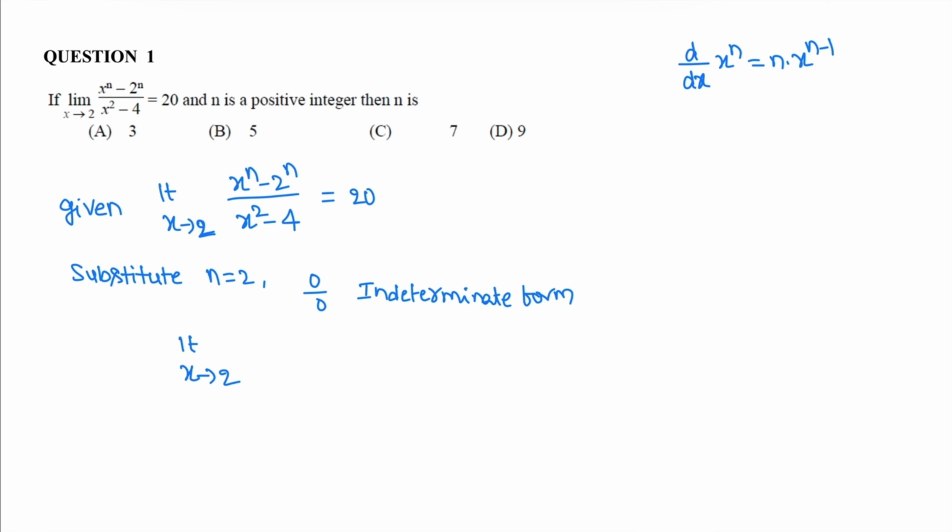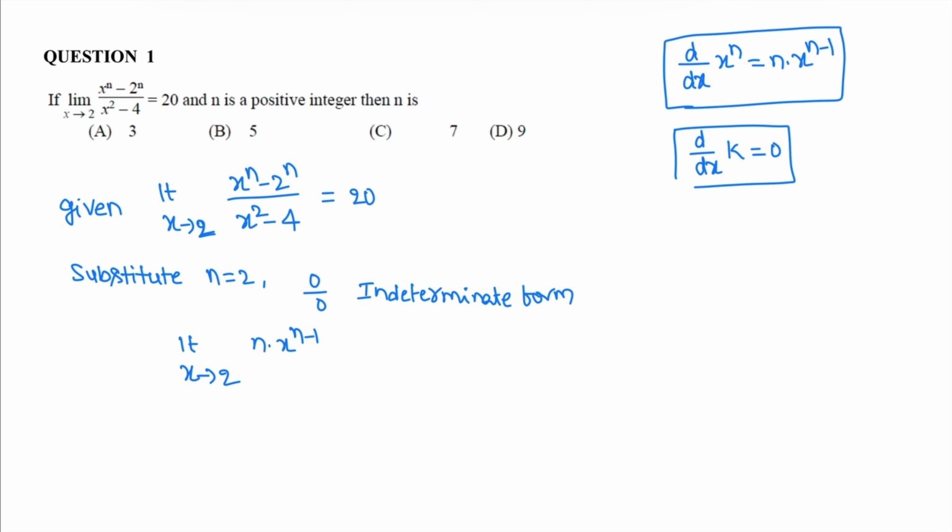Differentiate the numerator and the denominator separately. d by dx of x^n is n into x^(n-1). d by dx of any constant is 0, so the differentiation of 2^n is 0.